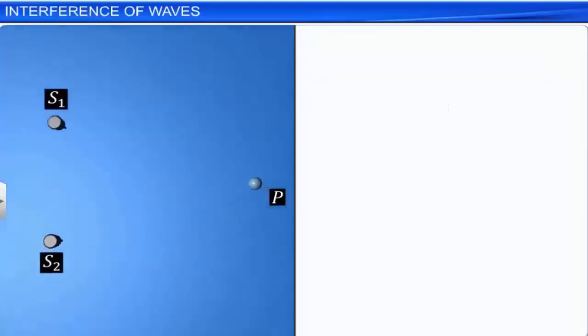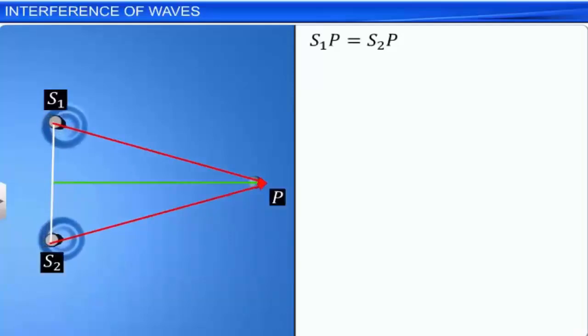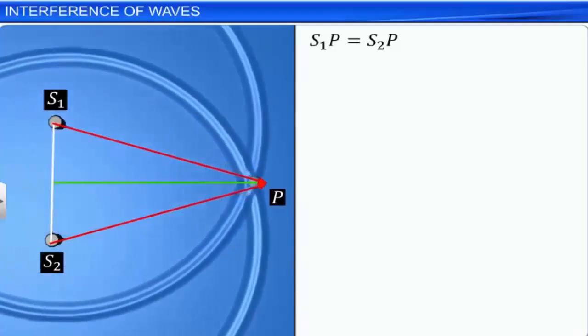Consider a point P on the perpendicular bisector of the line joining the two sources S1 and S2. For such points, S1P is equal to S2P. Since both the sources are at the same distance from P, the waves reaching the point P are also in phase.